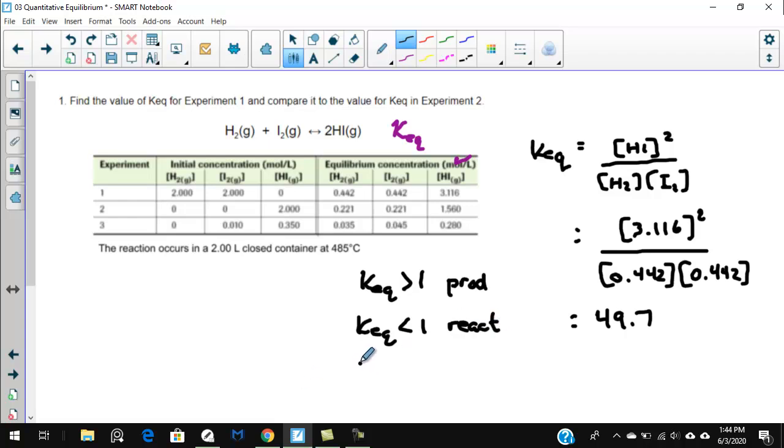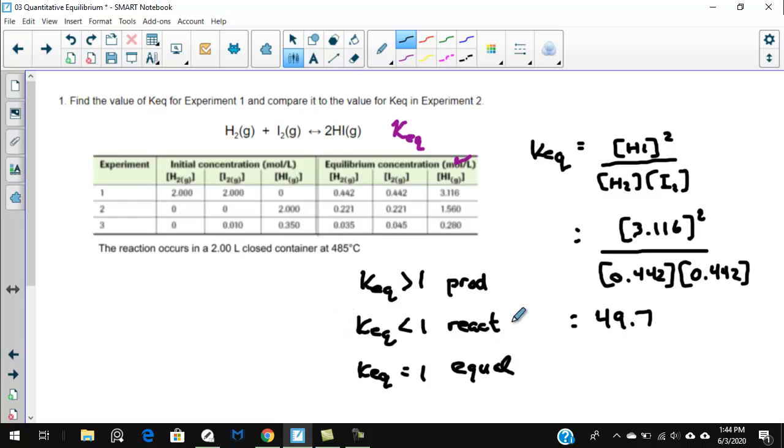And when KEQ equals 1, we have roughly equal amounts of products and reactants. And so the value of this number is it tells us where the equilibrium point is for a reaction. And then as a chemist, you can look at that reaction and find ways of pushing this equilibrium, which is our next topic. How do we move equilibriums around? Because we don't really want equilibriums with Ks that are less than 1.